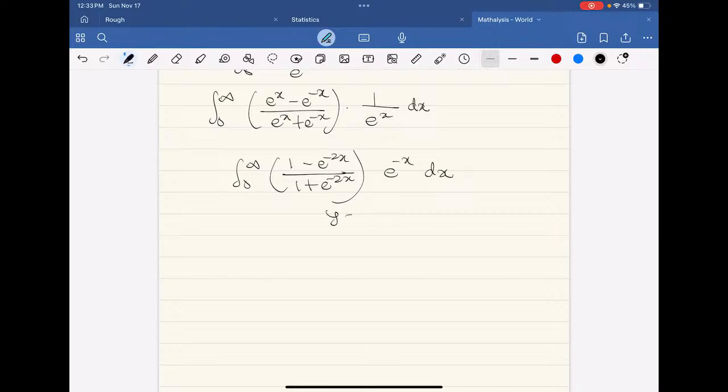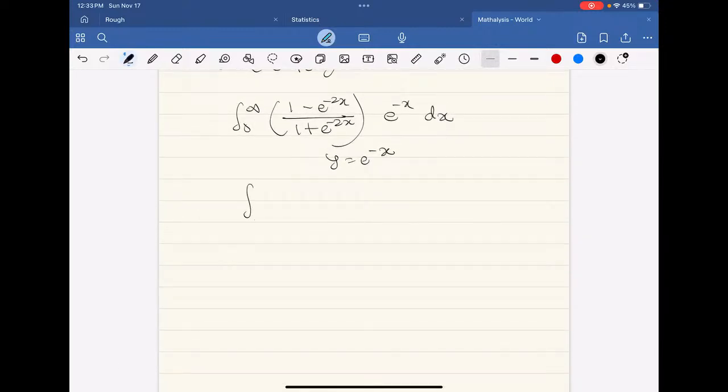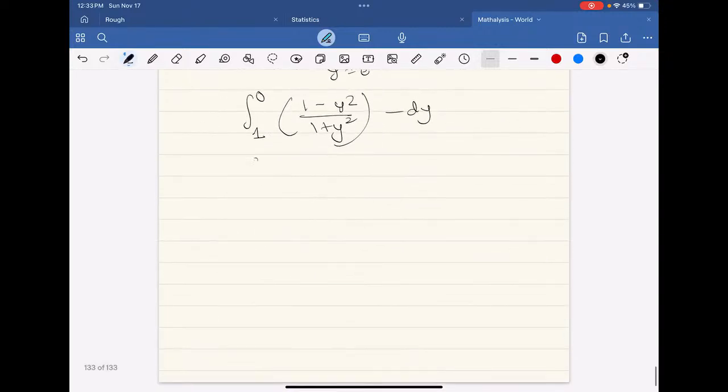If I make the substitution y equals e to the power minus x now, this will go from 1 to 0, right? And this will be 1 minus y square by 1 plus y square. And then this will just be minus dy, so this will go from 0 to 1, and then 1 minus y square by 1 plus y square dy.